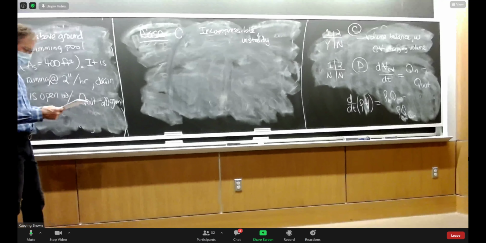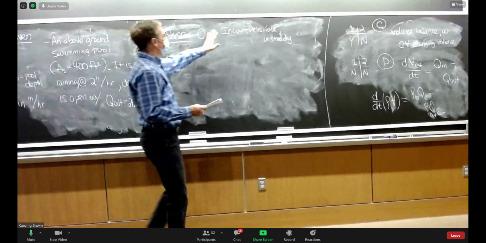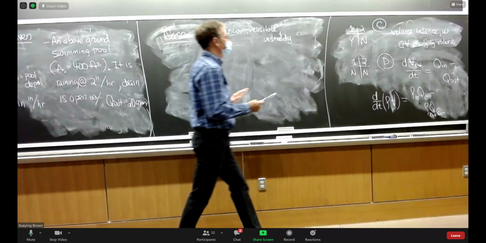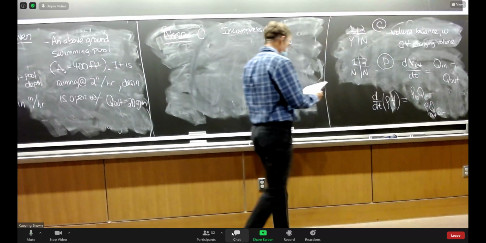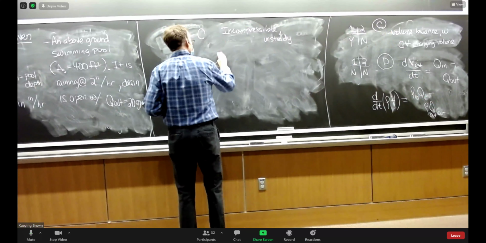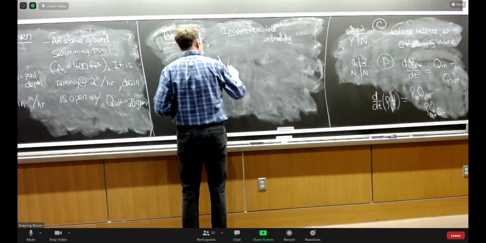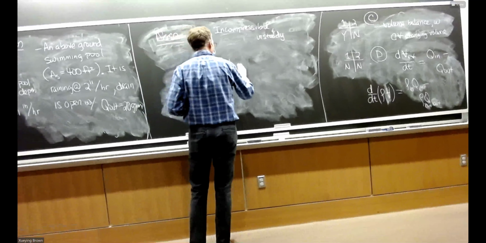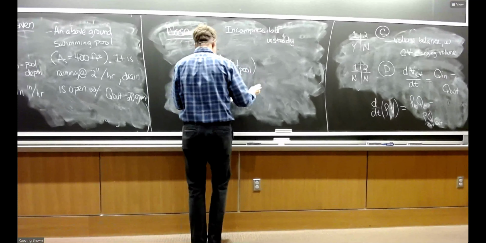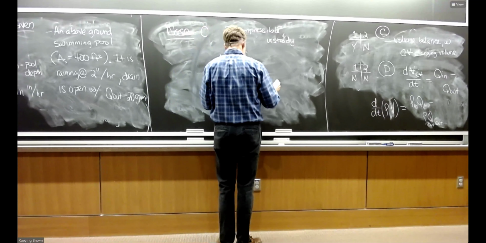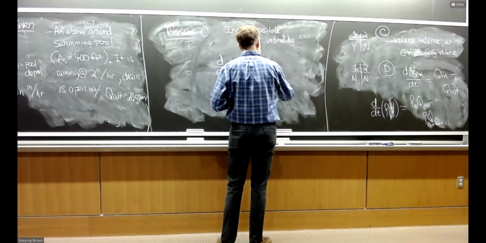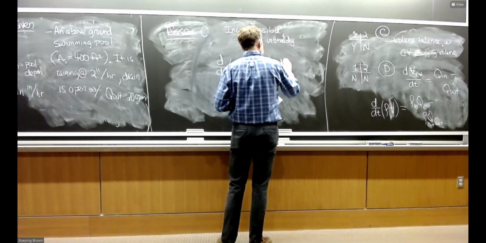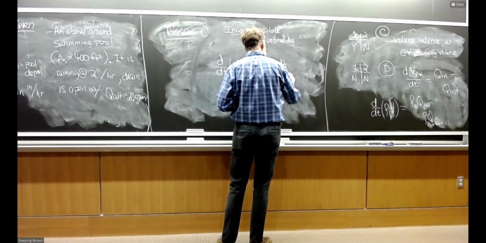Okay, so in this case, where it's incompressible and unsteady, we're using this particular problem. So the time rate of change of the volume of the pool is going to be equal to the surface area times the time rate of change.